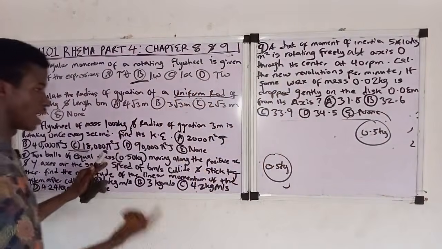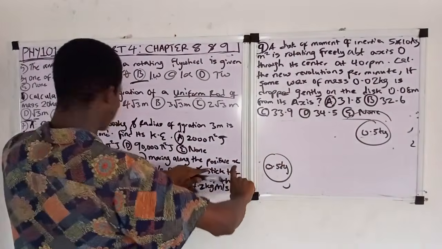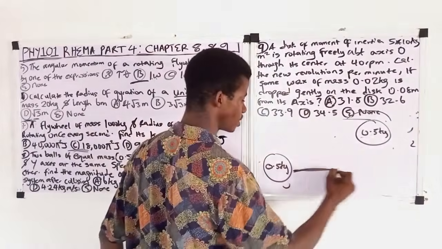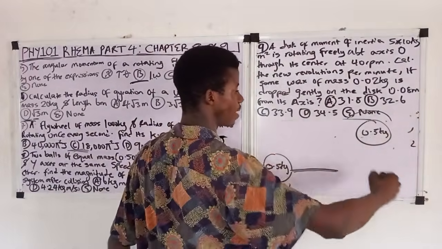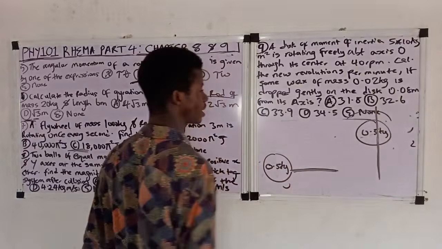Two balls of equal mass are moving along the positive X and Y axes. So this one is moving along the positive X, and that is the positive Y axis, right?